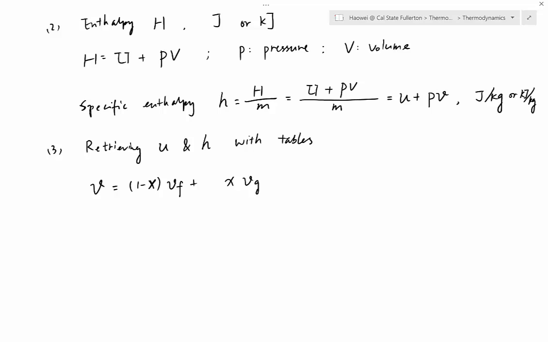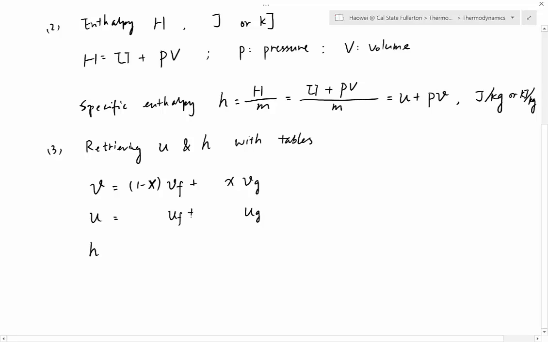The same equation applies for u or h if you have a mixture. First of all, you have two components. The first one is uf, the specific internal energy of the saturated liquid, and the second is ug, the specific internal energy of the saturated vapor.